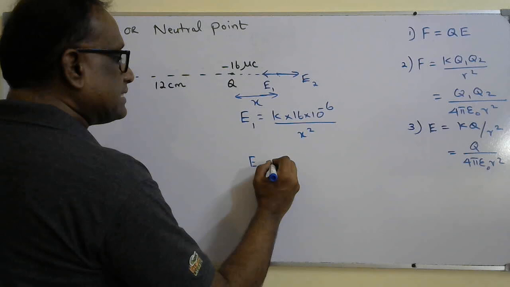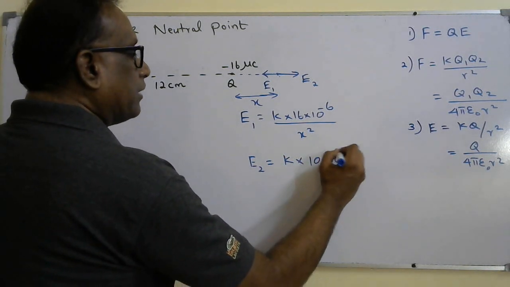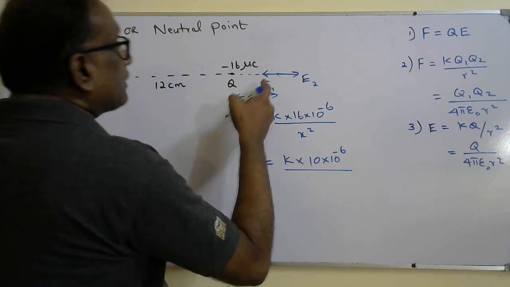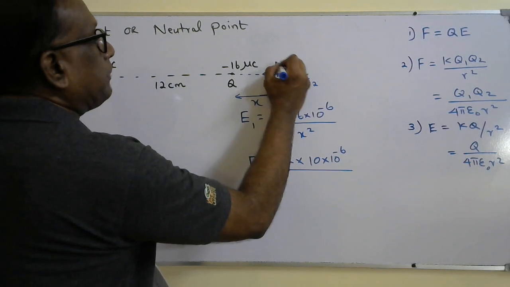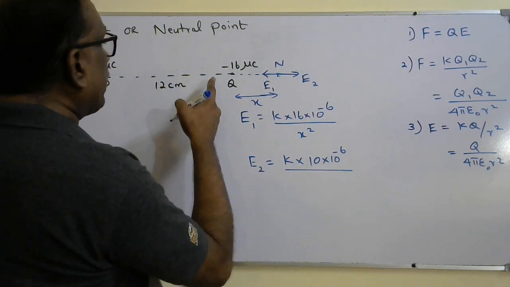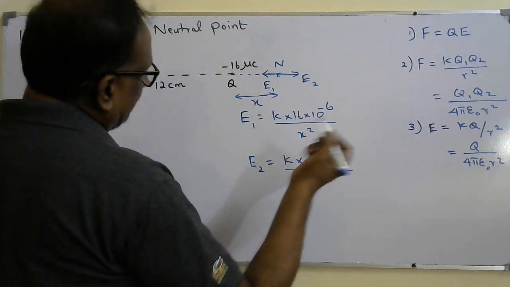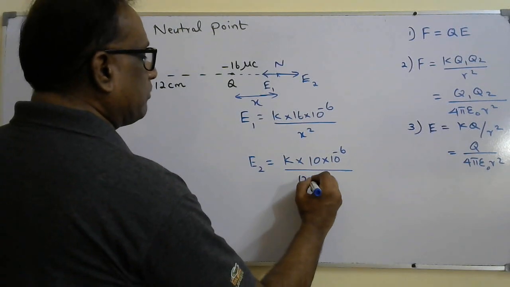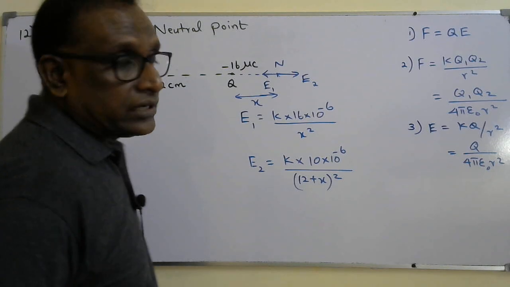E2 is equal to K into 10 microcoulomb, 10 into 10 to the power minus 6, over the distance of P from the point, let it be N. The distance of P from N is equal to 12 plus x. I can keep it in centimeter, it's not an issue. 12 plus x all squared. Can E1 equal E2?